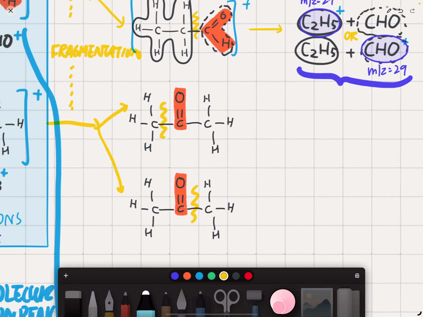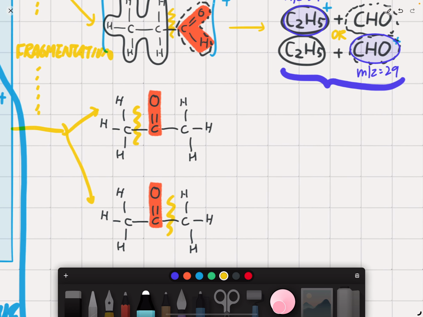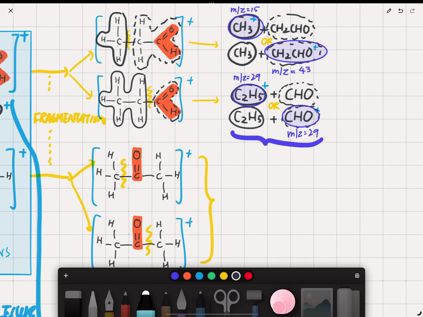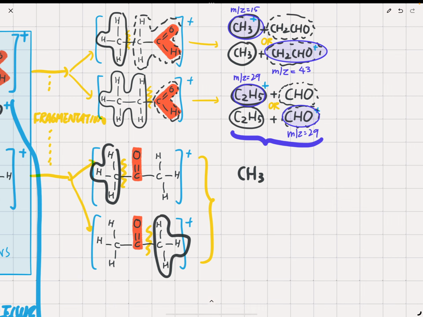But because this is a symmetric molecule, whether it breaks up at this position or at this position, it really wouldn't make a difference. The fragments will just be the same. They both produce the same fragments: CH3, this part, and the other part, CH3CO.